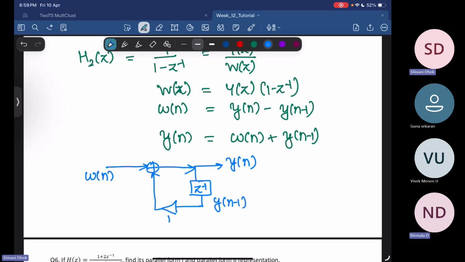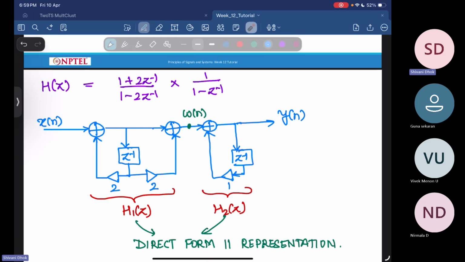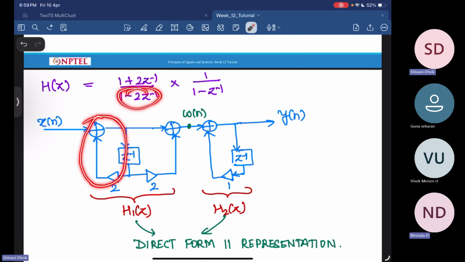Yes, ma'am. The same case for H1 of Z also, ma'am? Correct. See, now here you have it in the denominator, right? So the first block here corresponds to your denominator part. This particular part corresponds to your 1. Now you take this, you delay it by 1 unit and scale it by the negative of your denominator.